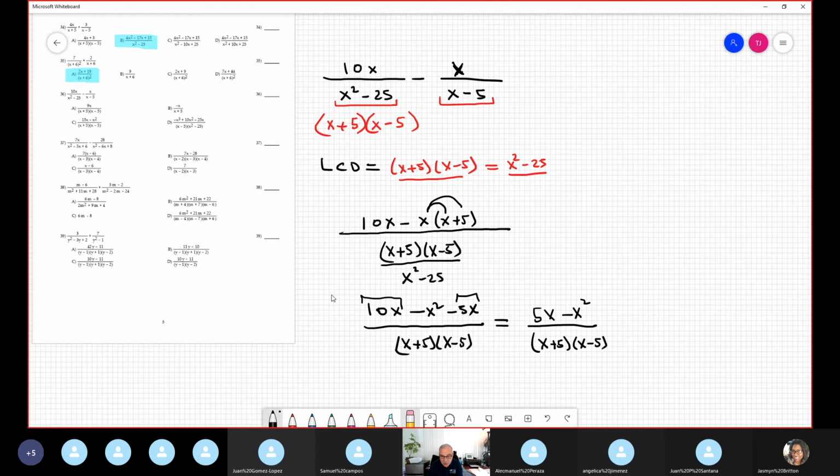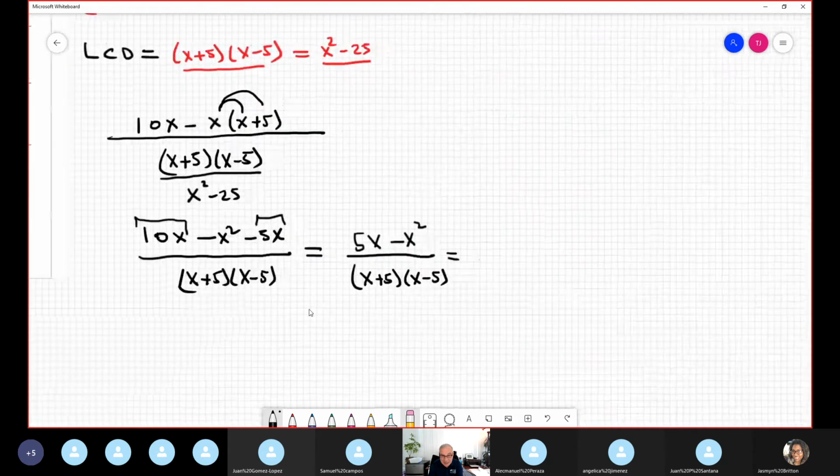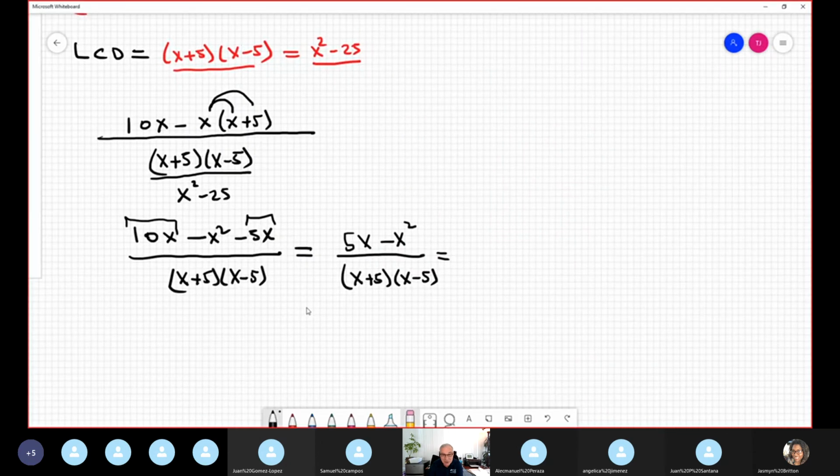And we can do something more. I suppose that yes. Because in the top part, we have a greatest common factor, which is x. You factor out x. And we have 5 minus x divided by x plus 5, x minus 5. And we can simplify something. Yes, we can simplify this guy and this guy because they are family.